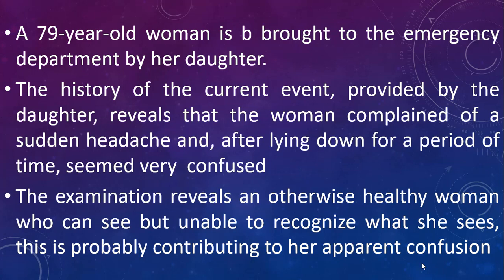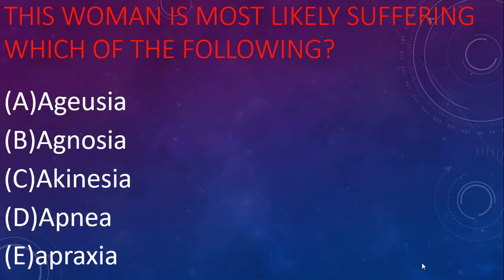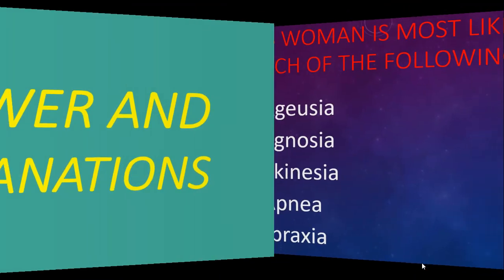The examination reveals an otherwise healthy woman who can see but is unable to recognize what she sees. This is probably contributing to her apparent confusion. This woman is most likely suffering which of the following: agisia, agnosia, akinesia, apnea, apraxia?